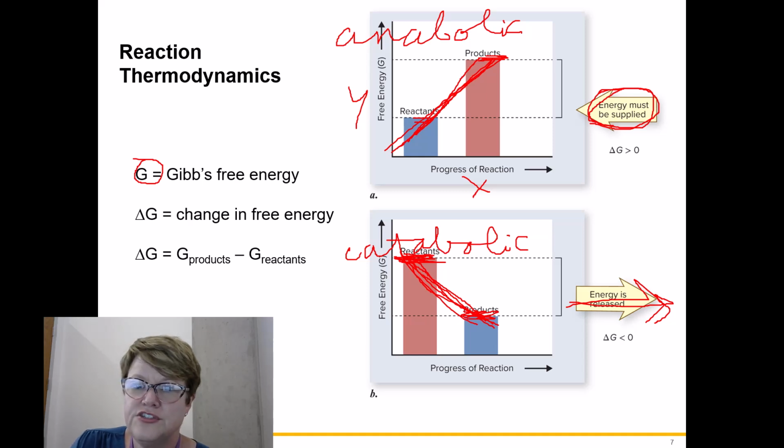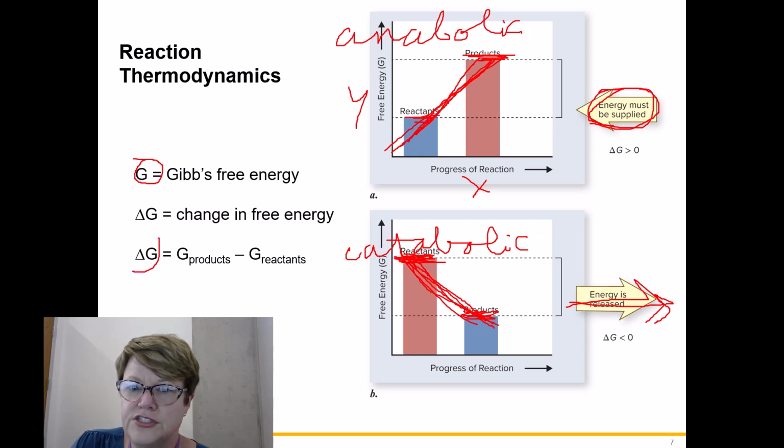And we use this G, or delta G, the change in energy, as another indicator of this same concept. So in an anabolic reaction, if you look, the products have a larger amount of energy than the reactants.